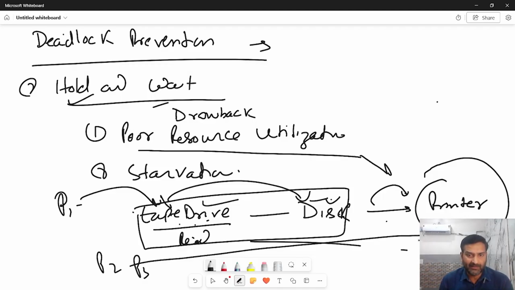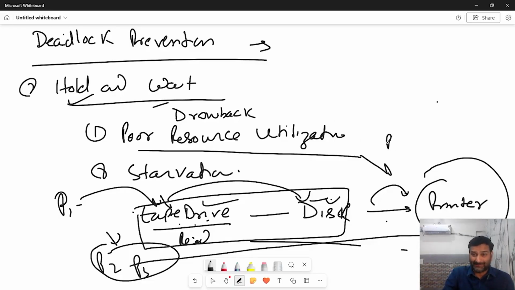They need the printer but do not get it, because every time some high priority process comes, the printer is allocated to those processes, not to P2 and P3.